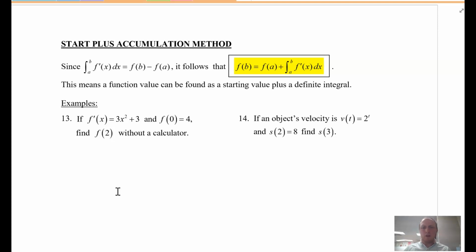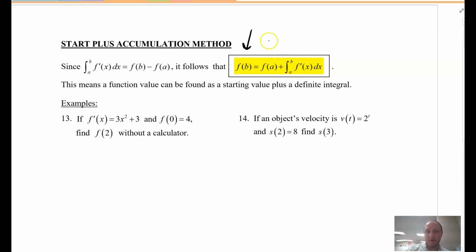But what if I already have one of these outputs? What if I already have a point? Well, I can start out with that value, and then I can add on the rest of the integration. So in order to find a certain value, f of b, I can take the integral of the function's derivative from a to b dx and then add the f of a.